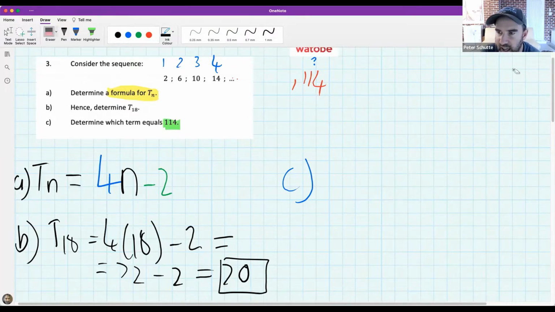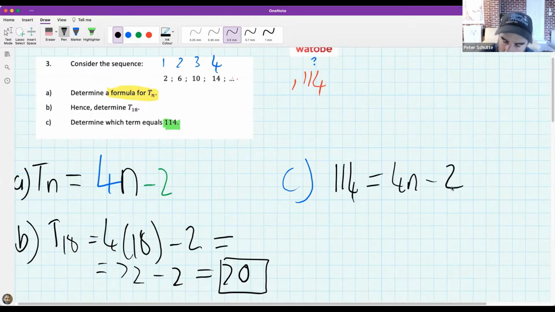Let's see who else. Tando, Amakle, if you could mute yourself for a second, and Tando, unmute yourself. How would you start this off? Hello, everyone. I would put 114 equals 4n minus 2. Perfect. I want to stop for a second there.